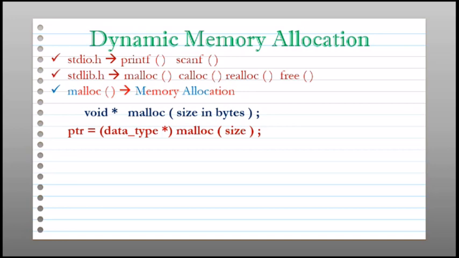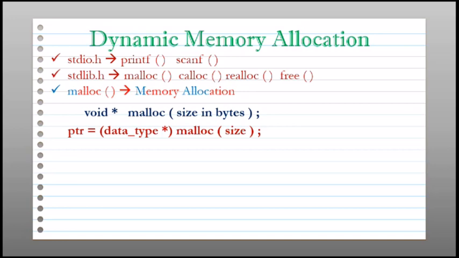Suppose we have created a 10 byte block, then ptr will hold the address of the first byte. Malloc is the name of the function and in brackets size is the number of bytes we want to allocate. This malloc returns the value void which we have discussed already.